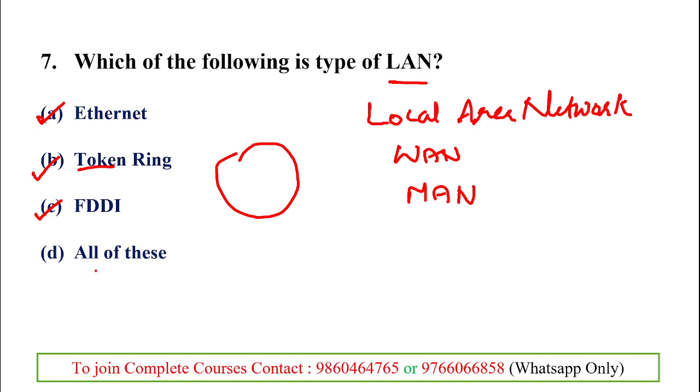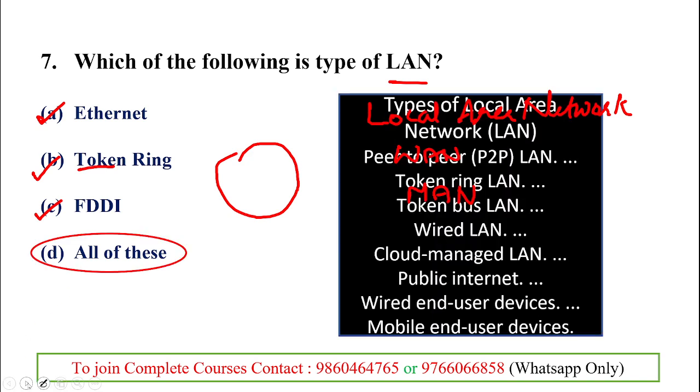So in this question, you can see all the options are related to LAN, so all of these are correct answers. And then there are other types of LAN.